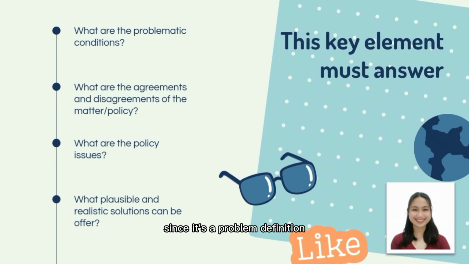Since it's a problem definition, the main goal of this key is to discuss the problems before creating a solution. It discusses what the needs of the people are at the moment and how it will affect the public positively and help resolve the issues.